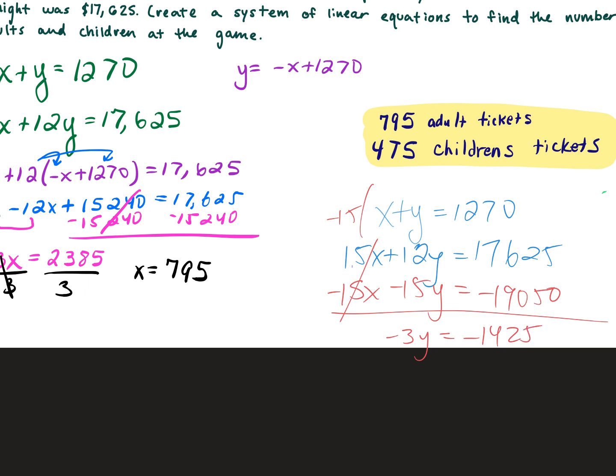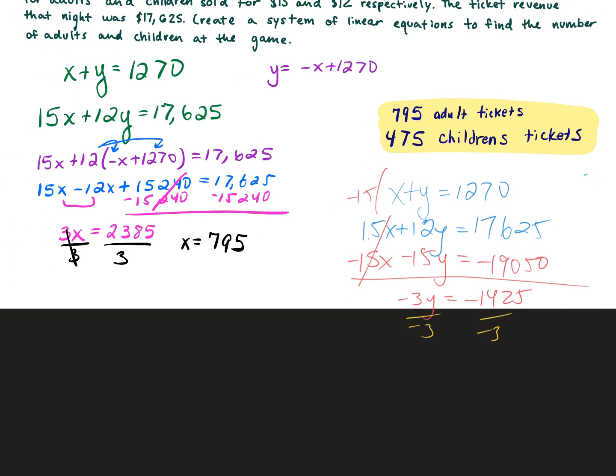And then I divide both sides by negative 3, and I got y equals 475. Is that the same thing I got up here? Yeah. And then I just plug back in. So look, either method, same answer. But what you need to understand is this is not the only answer to this question. It's part of it.